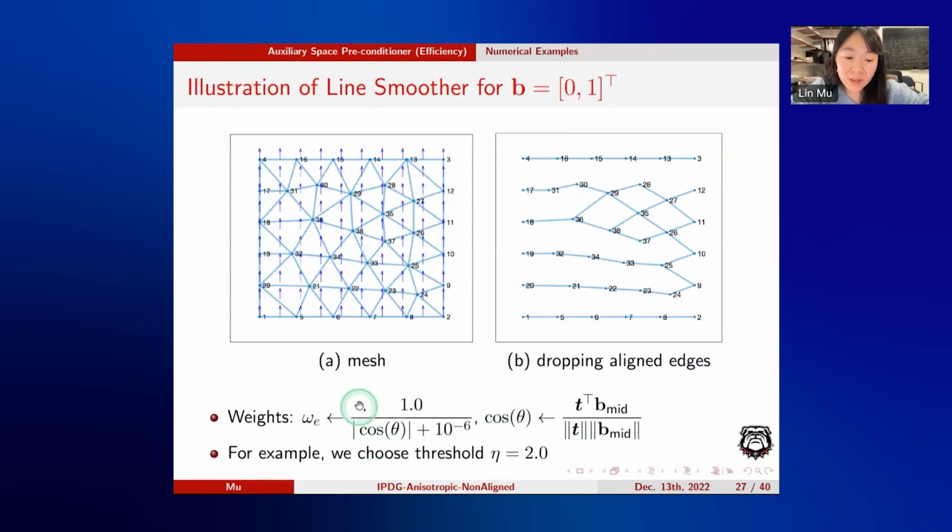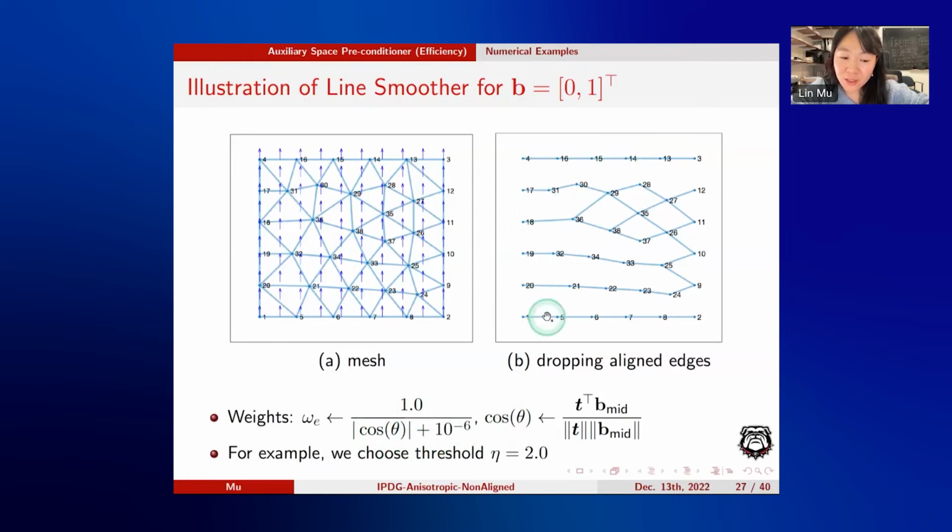Now we take 1 over this value plus some small value to avoid division by zero, and this gives the weight for each edge. So we compute the edge weights, loop over all the edges and sort out the perpendicular edges.